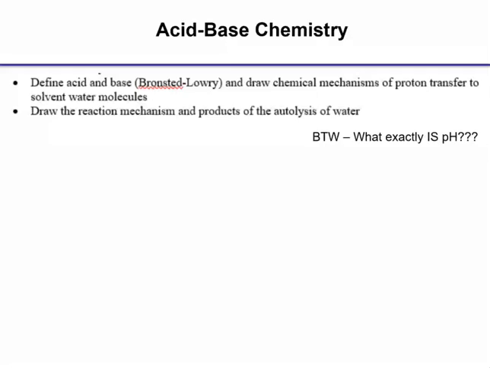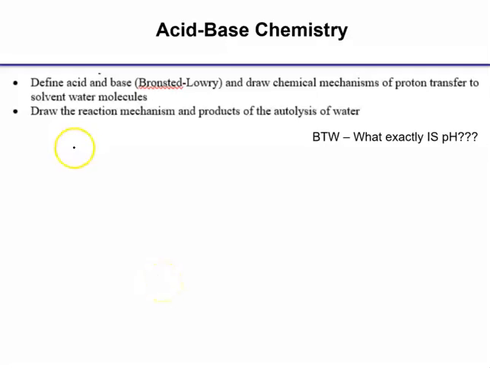So we're focusing on acid-base chemistry of the amino acids right now. And as a quick review, Bronsted-Lowry acid-base chemistry. In this system, we have acids as proton donors or hydrogen donors.